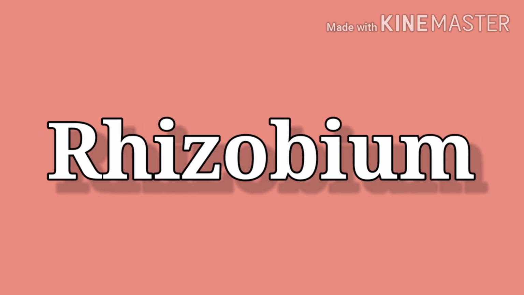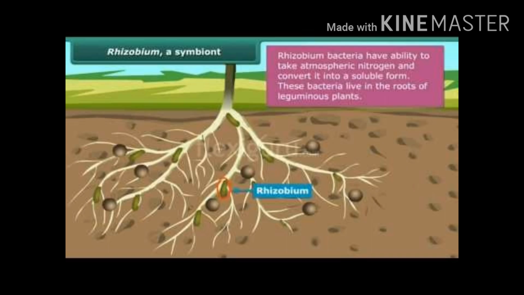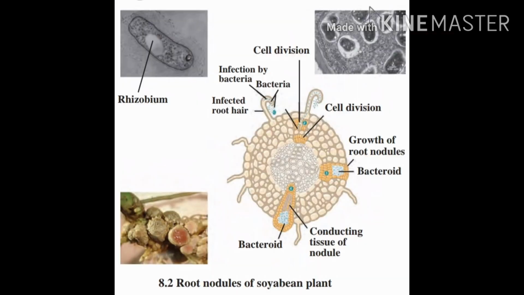Now we are going to learn the second microorganism, rhizobium. On the root nodules of leguminous plants, you will find these bacteria, rhizobium. If we mount the slide of these bacteria, you will observe rod-shaped rhizobium bacteria.